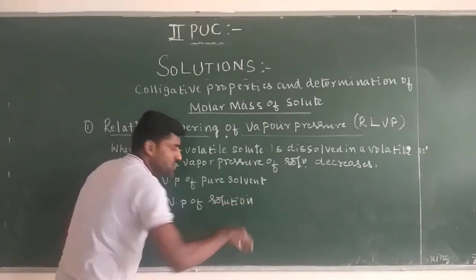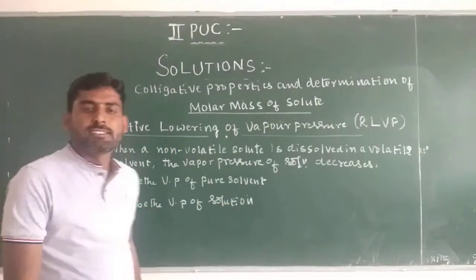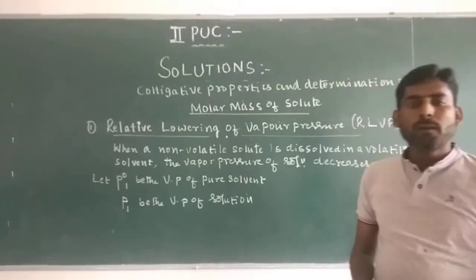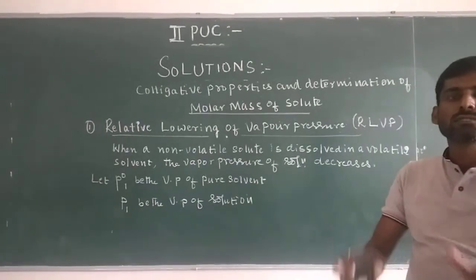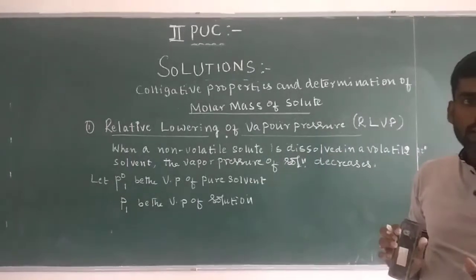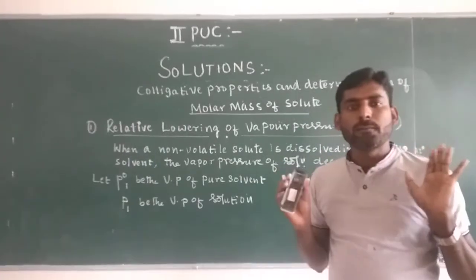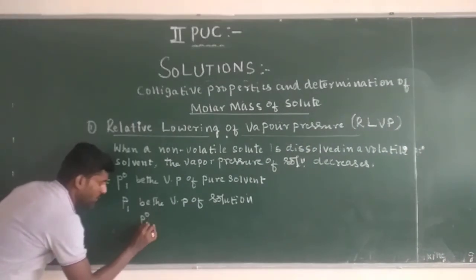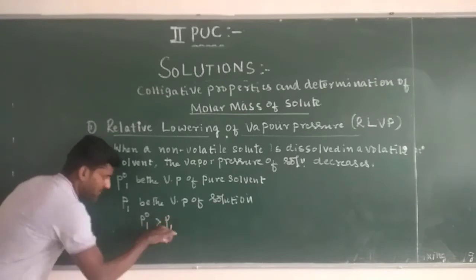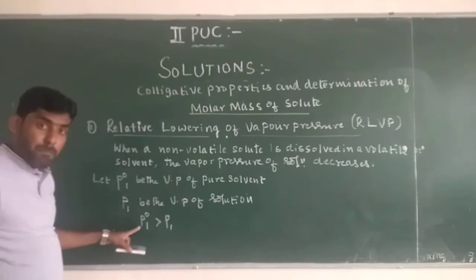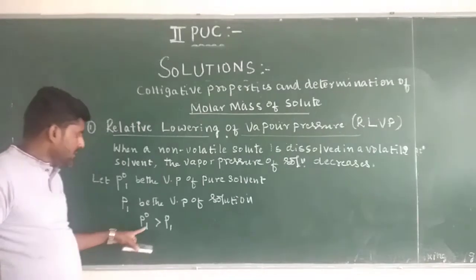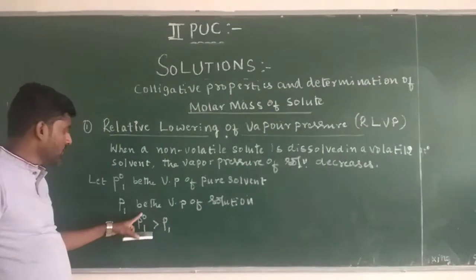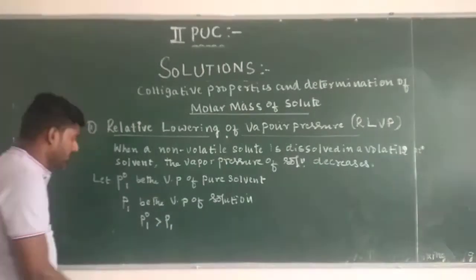So when the solution is formed by dissolving a non-volatile solute in a volatile solvent, the vapor pressure of that resultant solution decreases than the vapor pressure of a pure solvent. So here P01 is greater than P1. Vapor pressure of pure solvent is greater than vapor pressure of solution.